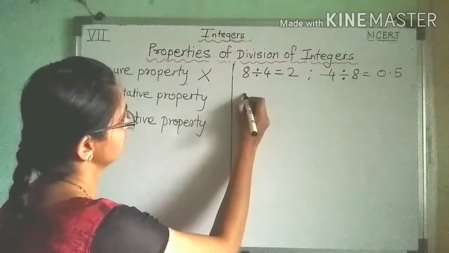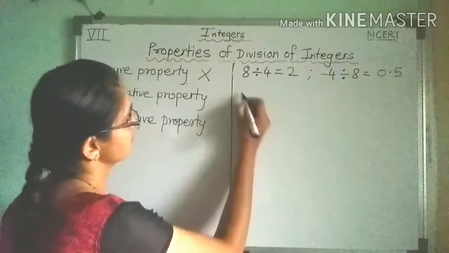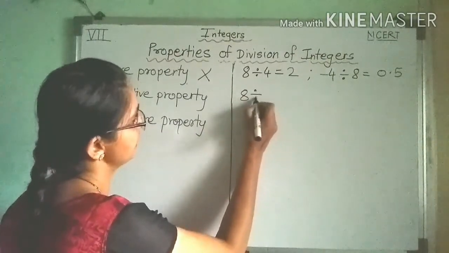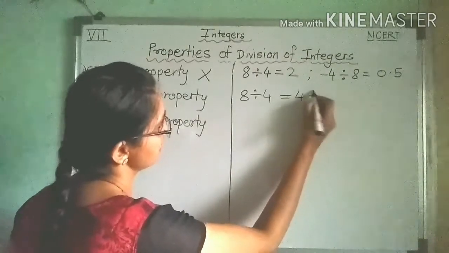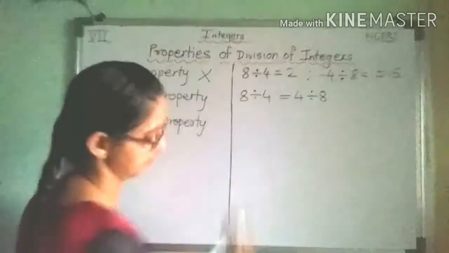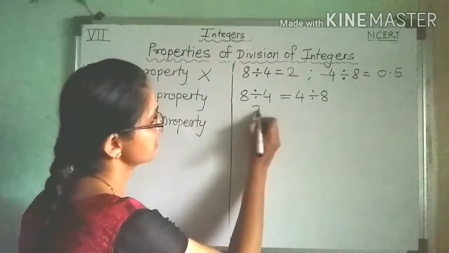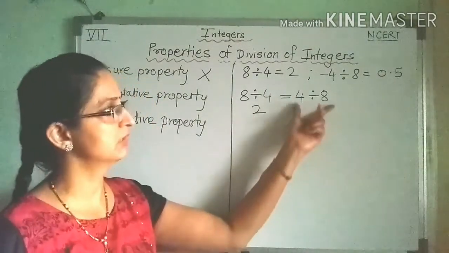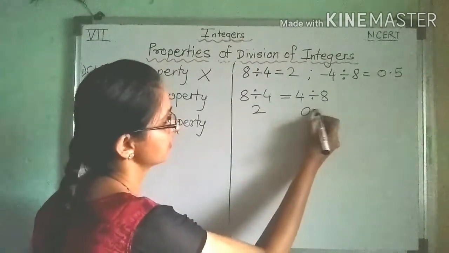So here, same example, 8 divided by 4, 4 divided by 8. 8 divided by 4, quotient is 2. But what is the quotient of 4 divided by 8? It is 0.5.